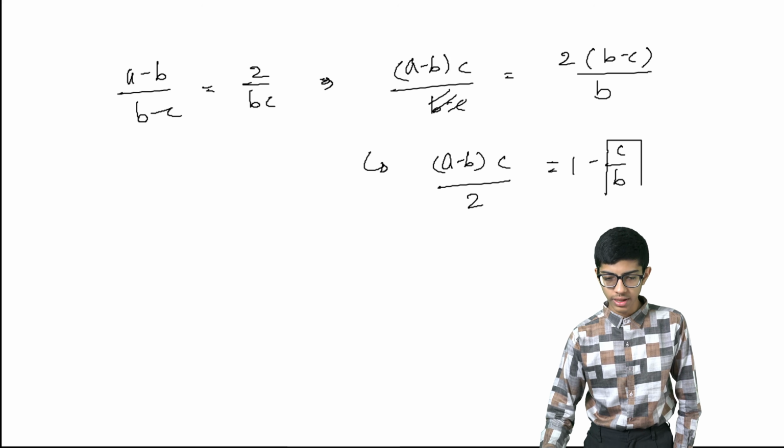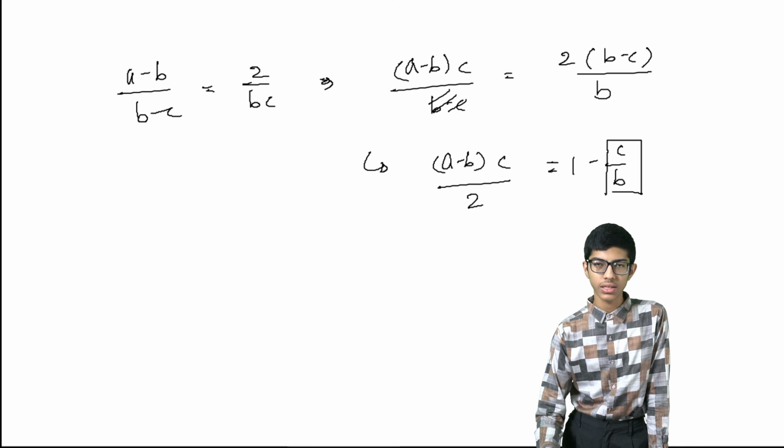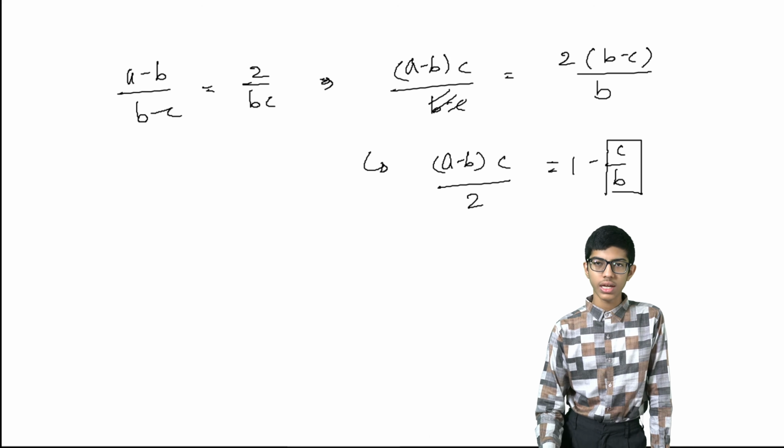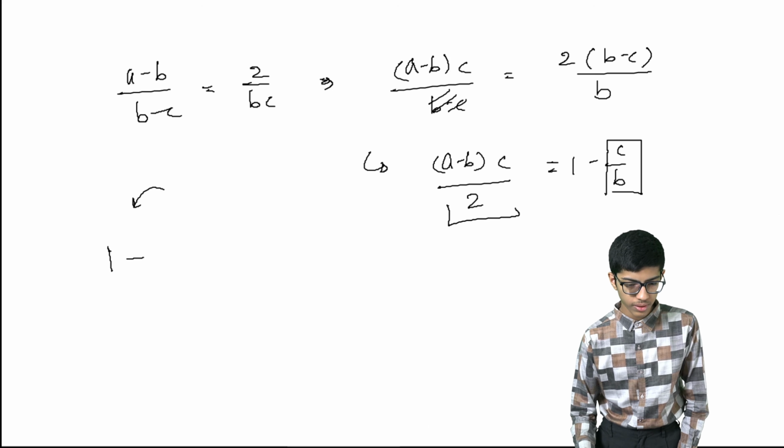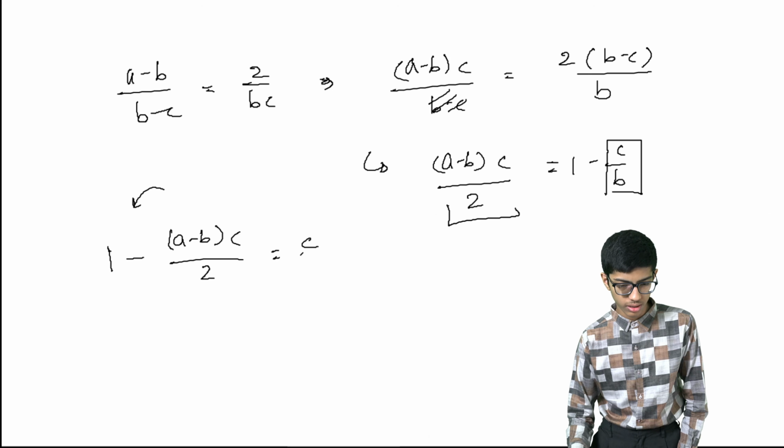Since we need to find the value of c by b, we take minus c by b to the LHS and this term to the RHS, which gives 1 minus a minus b times c by 2 equals c by b.